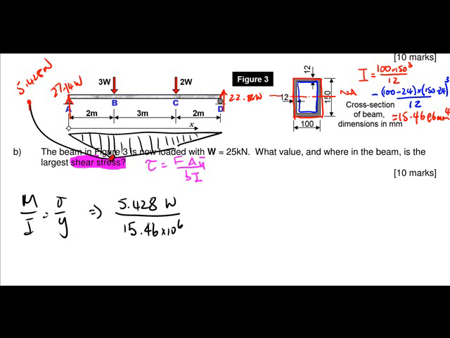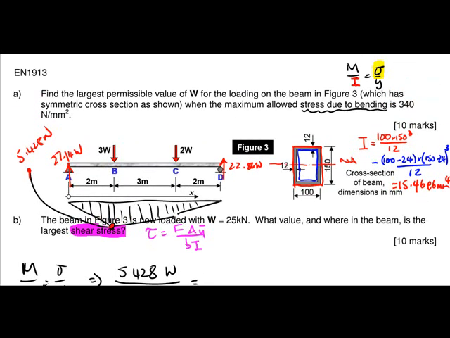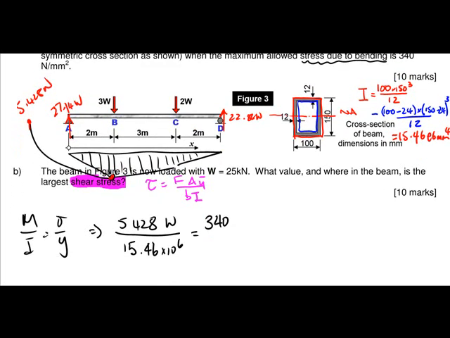Changing to millimeters, the moment becomes 5428.6 W. That is equal to, using the stress limit, sigma 340 newtons per millimeter square, so 340, and then y.